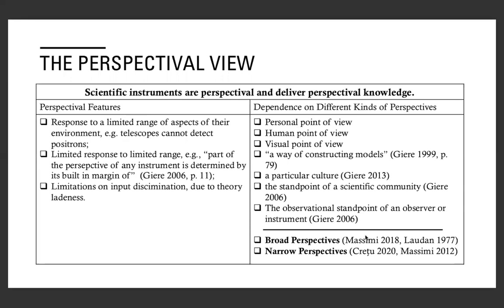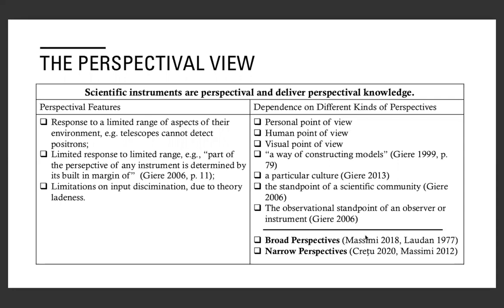Another perspectival feature of scientific instruments is that they have limited responses to a limited range. This is the idea that part of the perspective of any instrument is determined by its built-in margin of error.